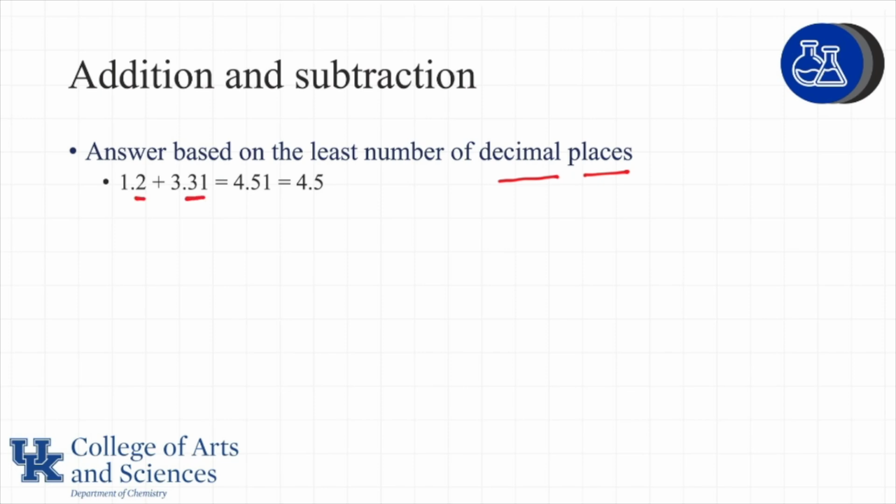So 1.2 has 1 decimal place, 3.31 has 2 decimal places. When we add those together, our math would show us that we get 4.51. But I can only keep 1 decimal place because I have to base my answer on the number with the least number of decimal places. So I end up with 4.5 as my answer.